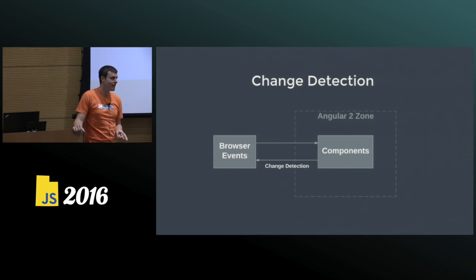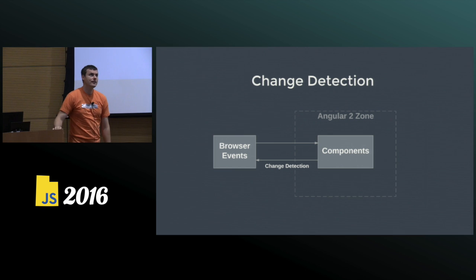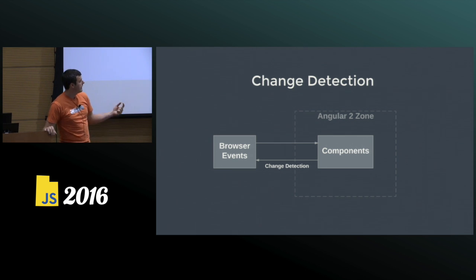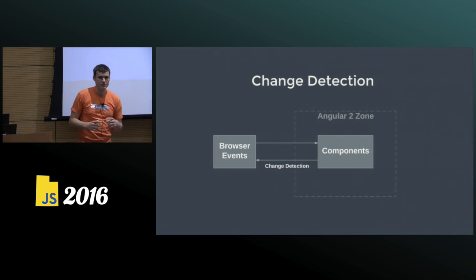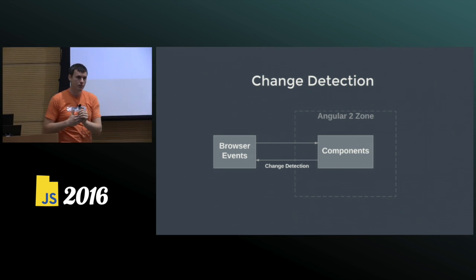Well, Angular 2 has gotten rid of that by using this really powerful feature called zones, where it's basically hijacked any sort of asynchronous event the browser may have, and anytime those events happen, it knows which zone those events happen in. So for example, you start a zone, you kick off a set timeout.